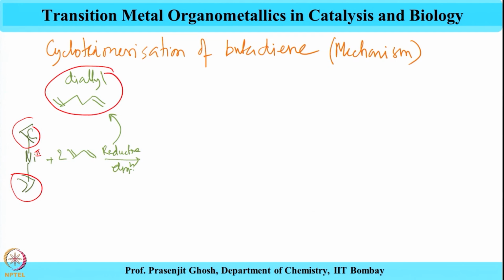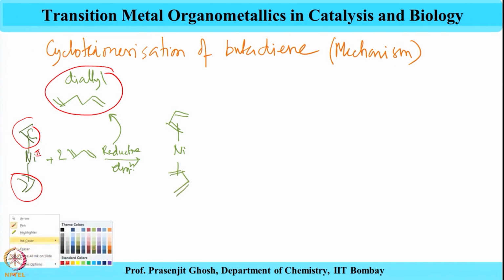And it gives this nickel 0 species with 2 butadiene. So, the oxidation state for this species is nickel 0.